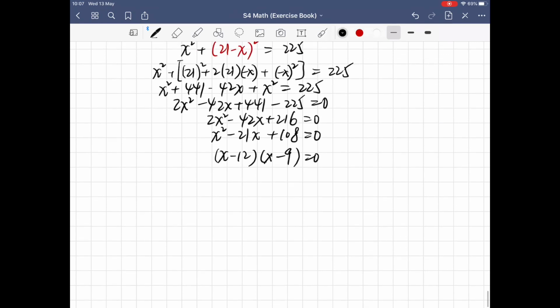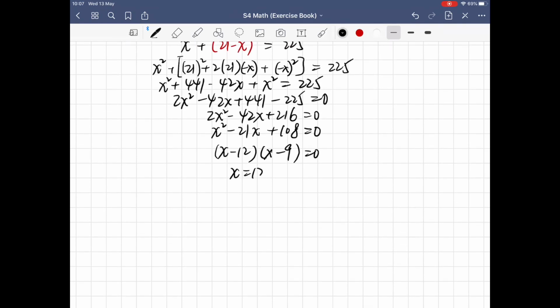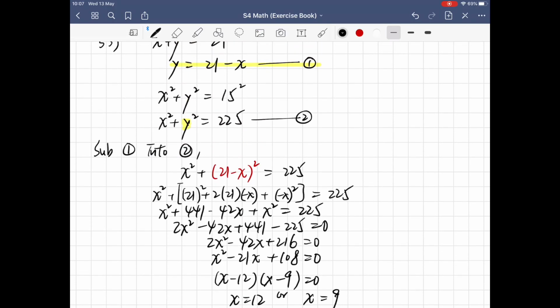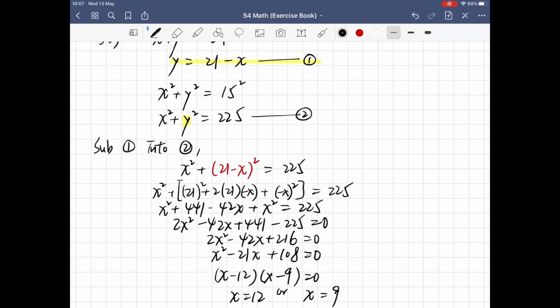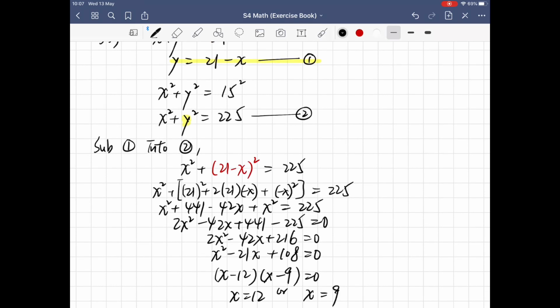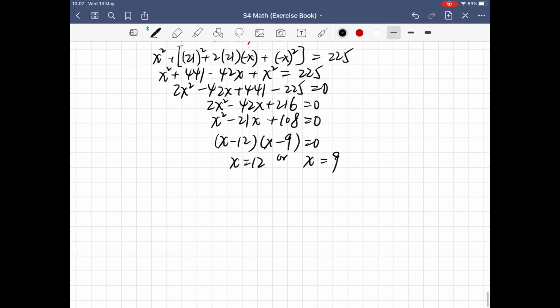Finally, we can get the two results: x equals 12 or x equals 9. Again, we can make use of equation 1 to find the corresponding value of y, which is 9 or 12.